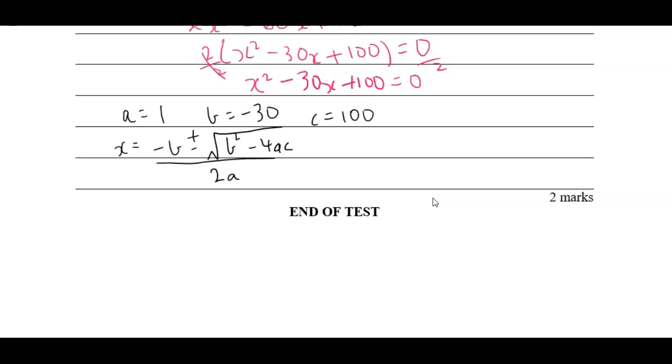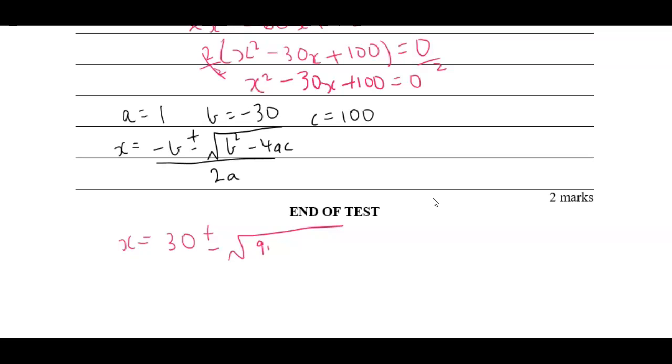All right, now it's a straight substitution. I'm sorry, we've run out of room, so I'm going to have to just go under the end of test. So x equals, now b is already negative, so it's going to be +30 plus or minus the square root of b squared, so 30 squared, or it's -30 squared, but when you square a negative number, you get a positive answer.